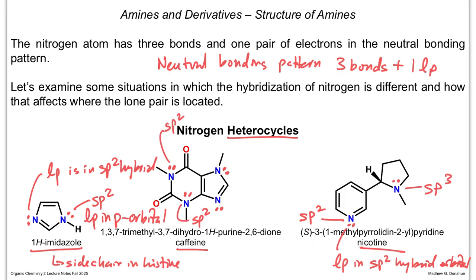The reason is they're both next to a carbonyl, and so that lone pair of electrons can be delocalized through resonance onto the carbonyl. For that to happen, they have to be in a p orbital that lines up with the CO double bond.